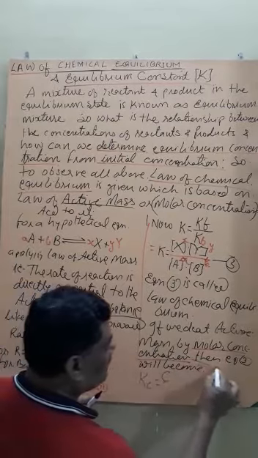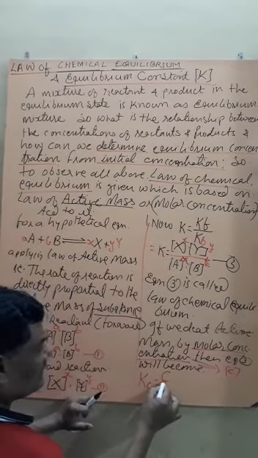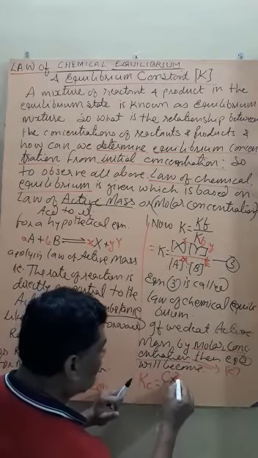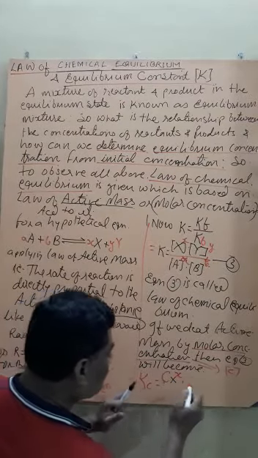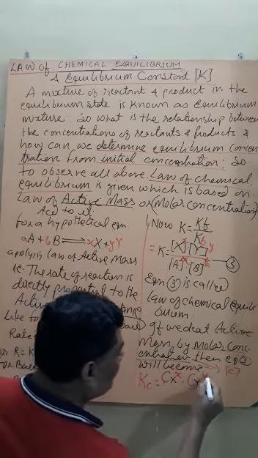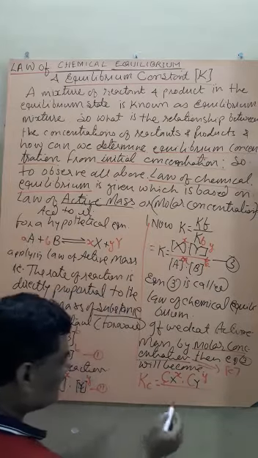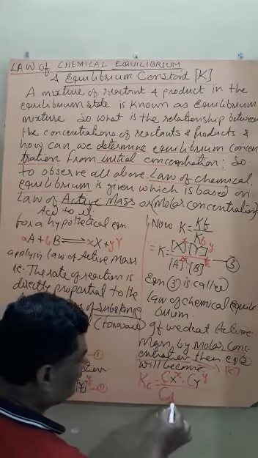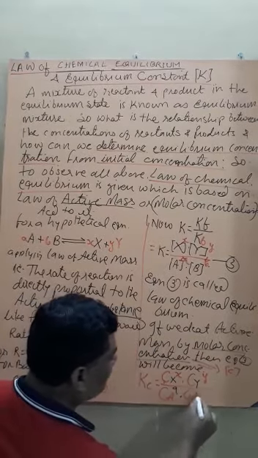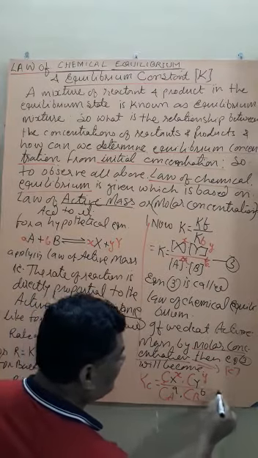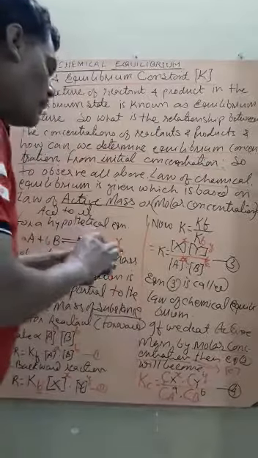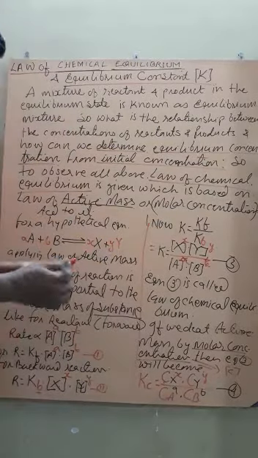That will become the concentration of X to power x, multiplied by the concentration of Y, the product, to power y, divided by the concentration of A to power a into the concentration of B to power b. This becomes equation number 4. So with the help of it we can establish the law of chemical equilibrium.